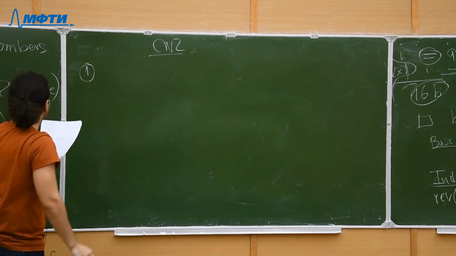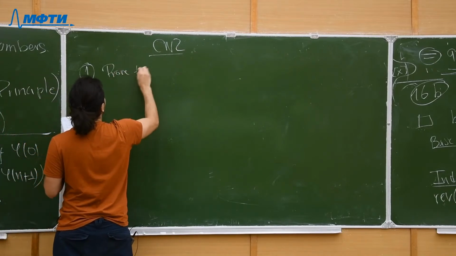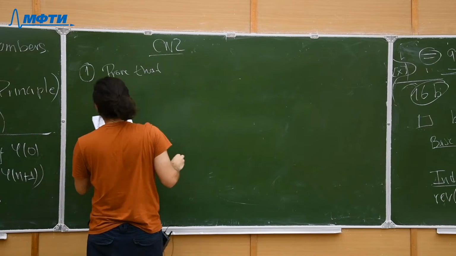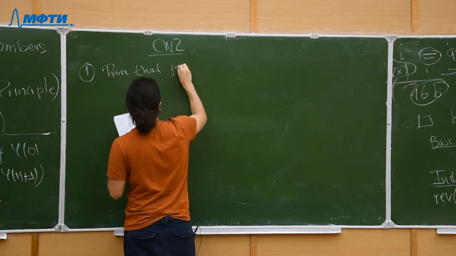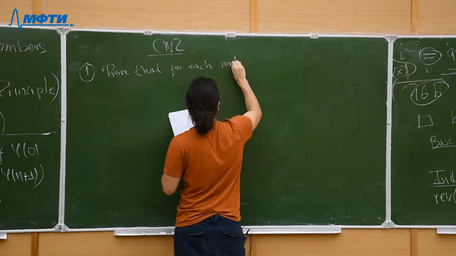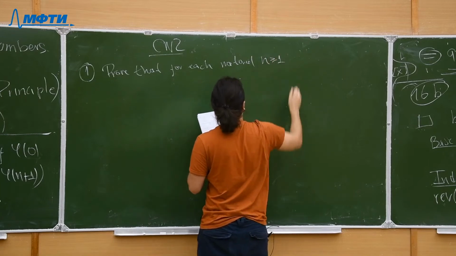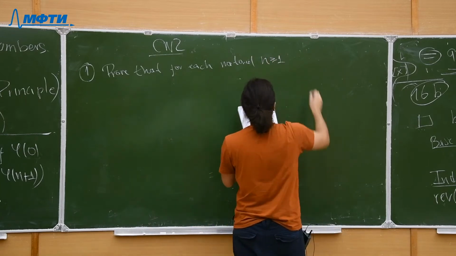We have to prove that for each natural n that is at least one, the following holds.